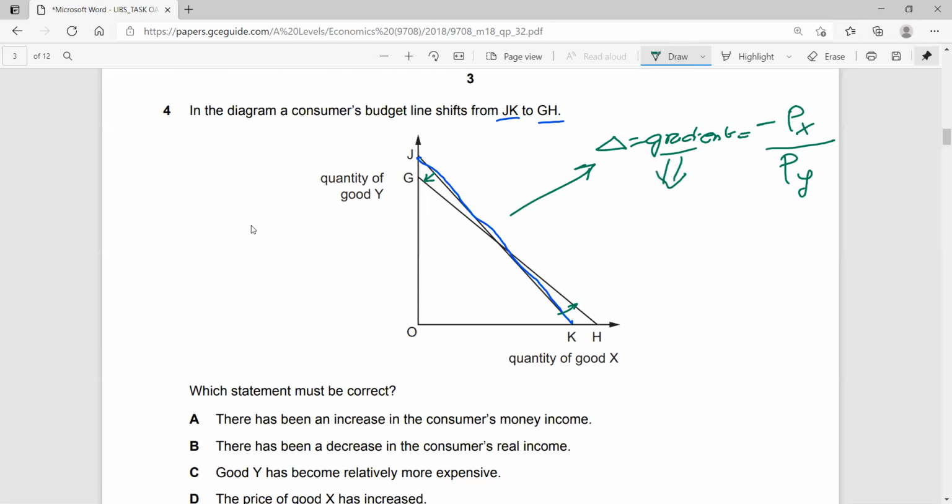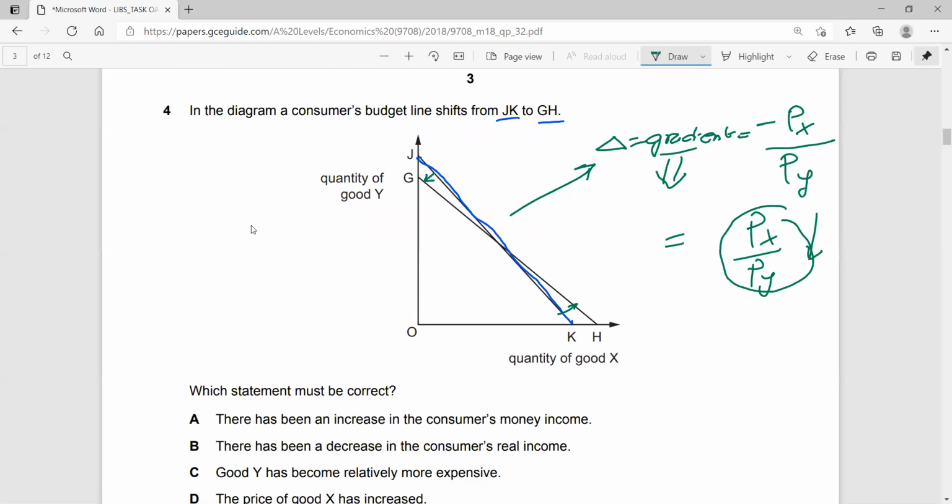When the line becomes steeper, the gradient increases. When the line becomes less steep, the gradient decreases. This is the absolute value of the gradient; I'm just ignoring the sign for a second, as the sign just tells us it's a downward sloping line. So what this essentially means is that Px upon Py, since it's becoming less steep, is actually decreasing.